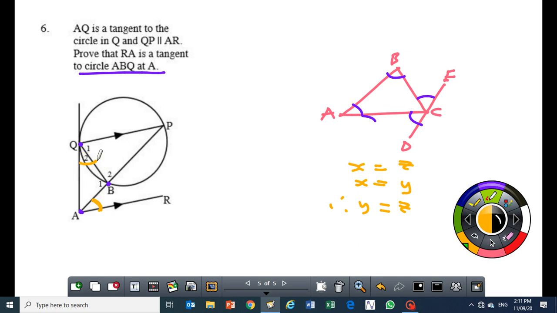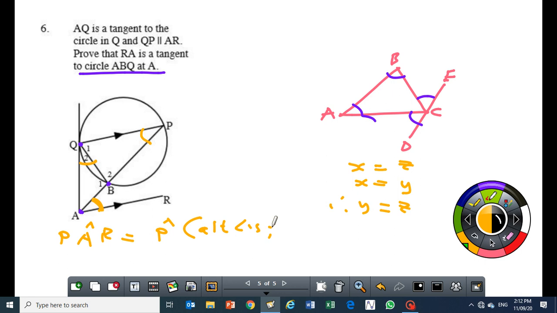We have two lines that are parallel, that is QP and AR. This angle is equal to that angle. Why? Alternate angles. So I'm going to write here that angle A, based on my diagram, I'll just call it PAR, is equal to angle P. My reason: alternate angles.